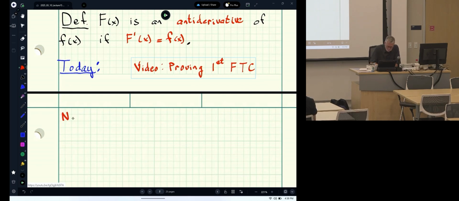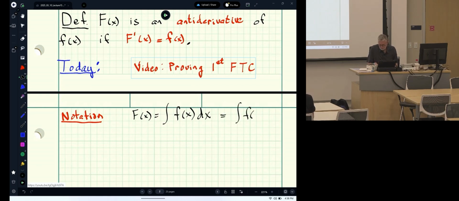Notation. So for the antiderivative, you write it as the integral of f of x dx, or sometimes you'll put in another dummy variable in here.